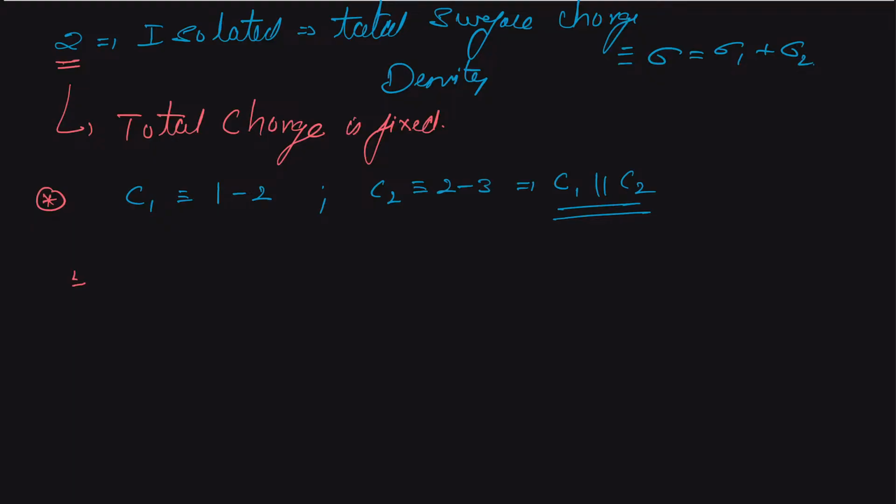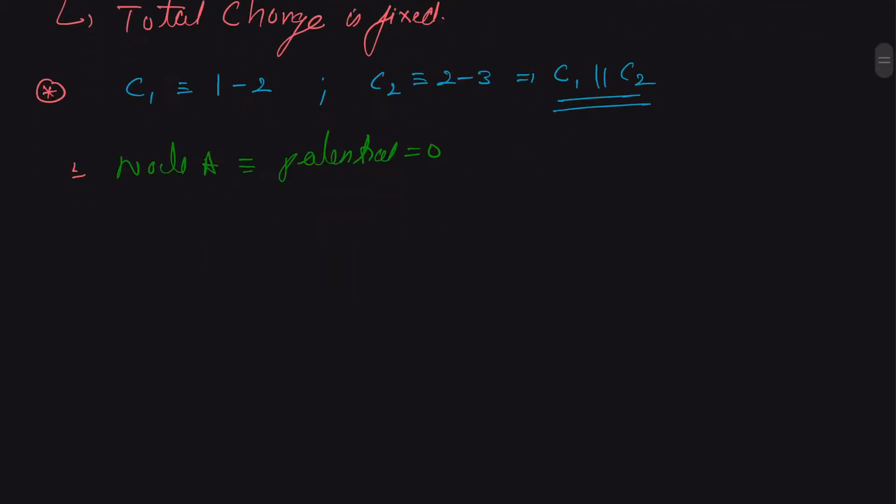So we can say that node A is at a potential which is equal to 0, and then we have node B, and in that case we have to assume that it is at a certain potential, and that potential, let us suppose, is our V. Okay, and node B is nothing but our isolated inner plate, so we have to remember this.